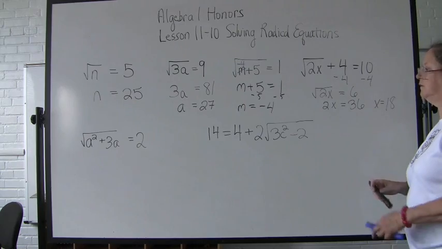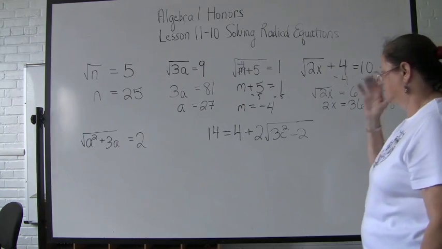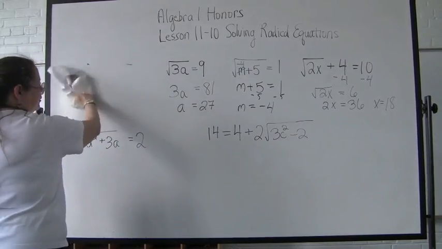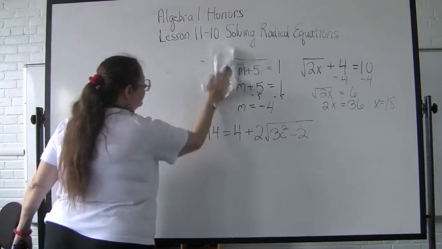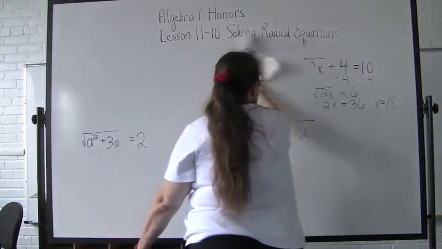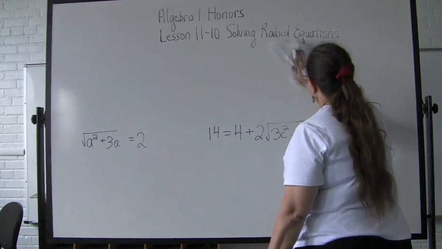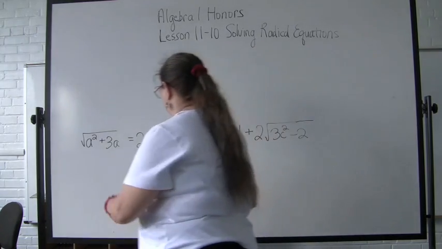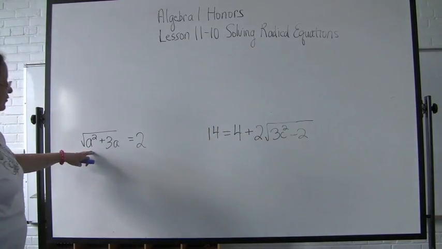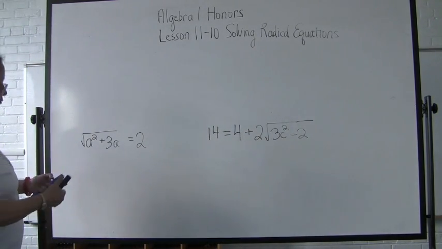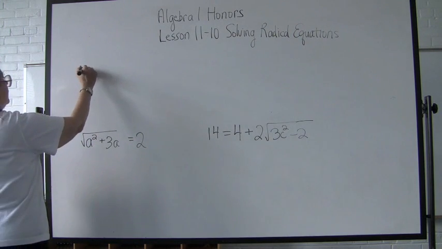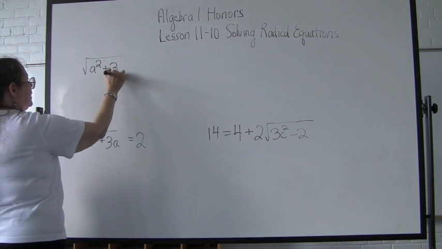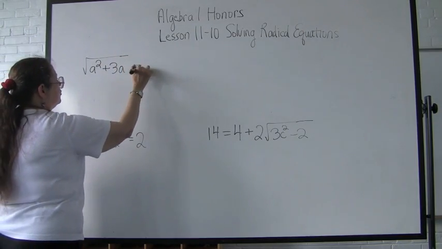Okay, now let's look at two that I wouldn't say are hard, but they're a little more interesting. Let's try this one here first. So let me rewrite it up at the top here. We've got the square root of a squared plus 3a equals 2.